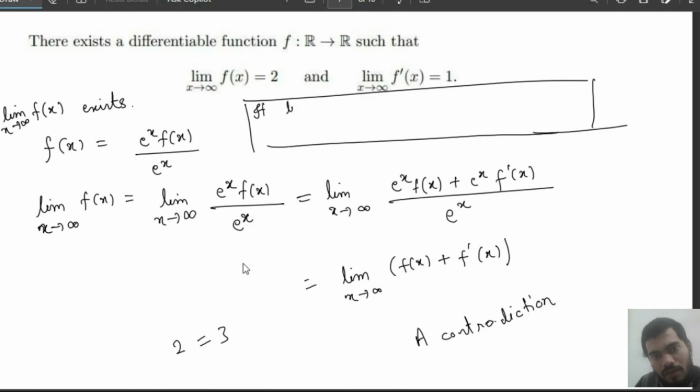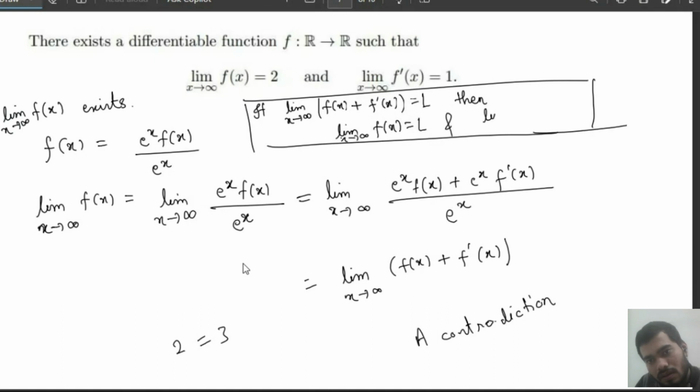If limit x tends to infinity, f x plus f dash x equals L, then... and this is the exercise in the section on L'Hopital rule, so you can refer to that.